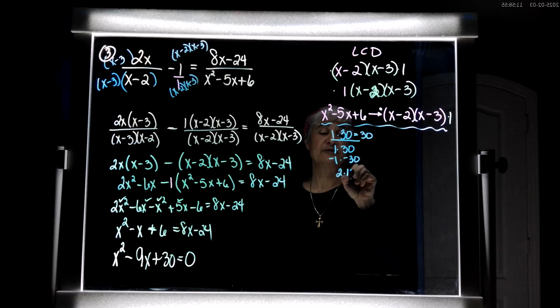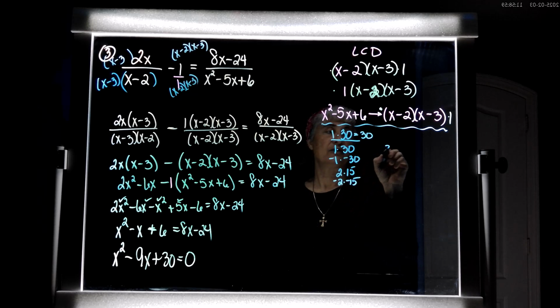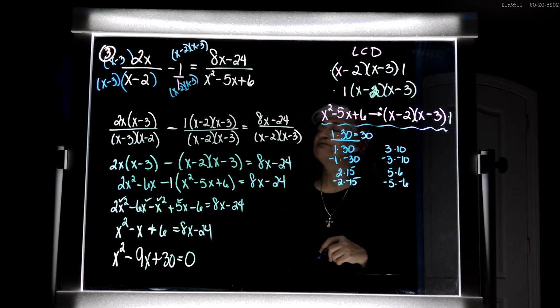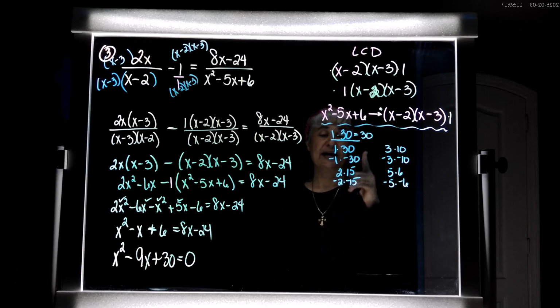We've got 2 times 15, both positive, both negative. 3 times 10, both positive, both negative. 4, nope, 5. 5 times 6, both positive, both negative. All right. Let's see. Do any of these combinations, when I add them together, equal 9?